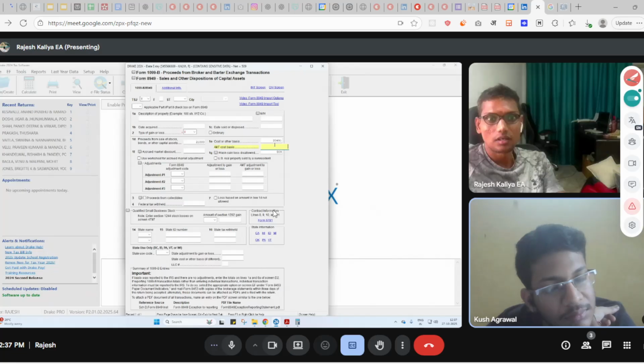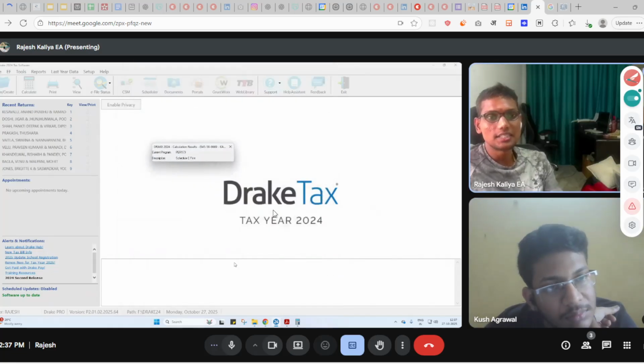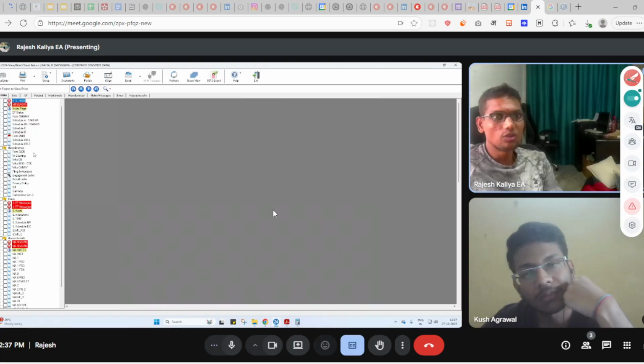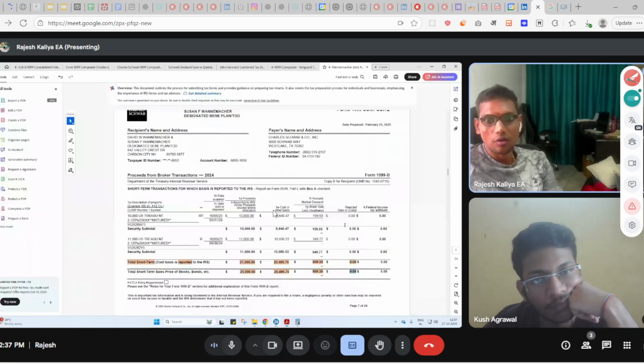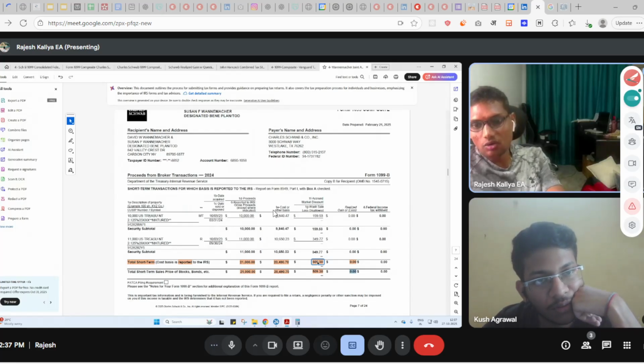So even though there is a 509 loss, actually there is a profit of 509, and on top of that there is a wash sale disallowed of 509.